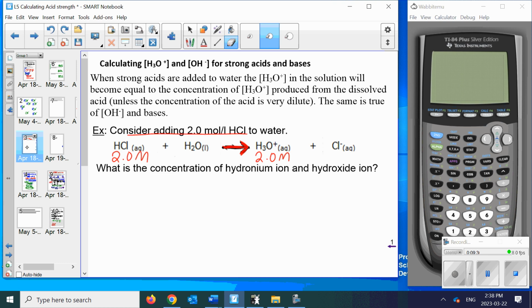To answer this question, the first part is really simple. Strong acid. Write this down, because you will too. There's a strong acid.